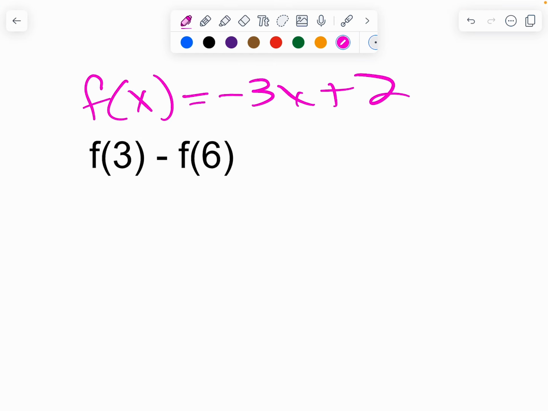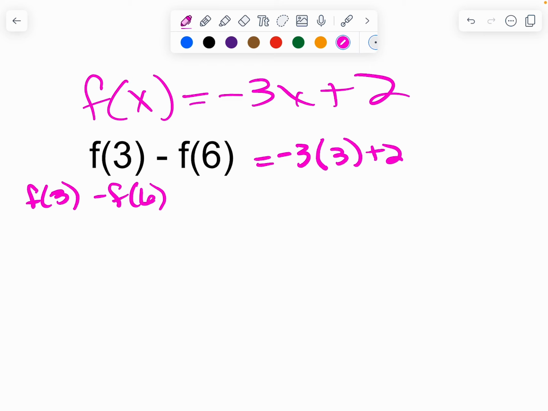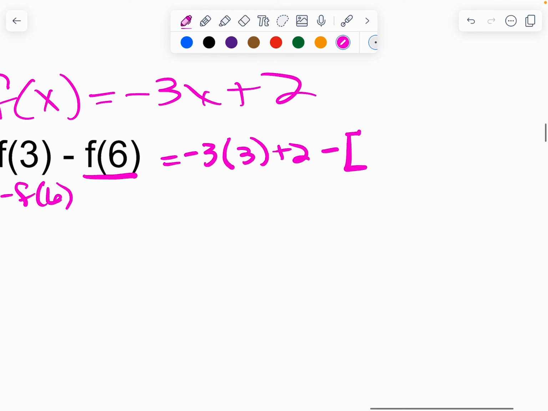Okay, so on this one, I'm going to take, I don't know why I just rewrote that instead of just writing it here. So this is where you have to be careful. Negative 3 times 3 plus 2. Now this is minus. Well, I'm subtracting this whole thing. I'm not just subtracting one thing.